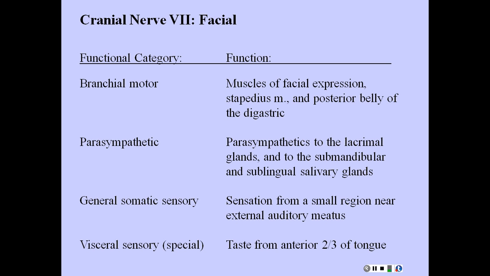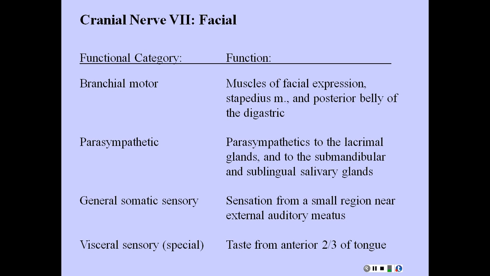There are two of the three salivary glands, the sublingual and submandibular, and we also have the lacrimal gland for tearing. So we have these three glands that receive these parasympathetic fibers associated with facial. Again, it's the squeezing out, these myoepithelial cells squeezing out the fluids that are being produced in these glands and having them excreted. That's completely involuntary. You have no control over that. And so that's what's going on there.